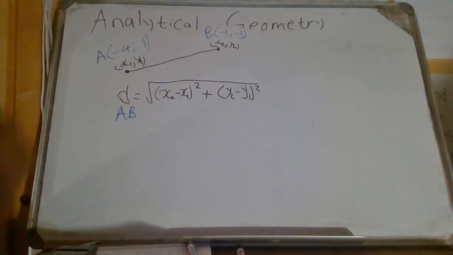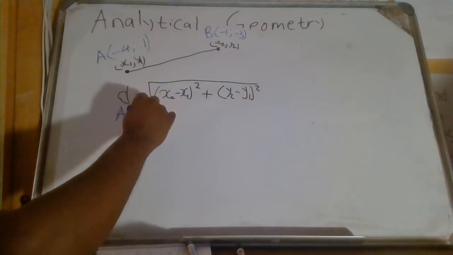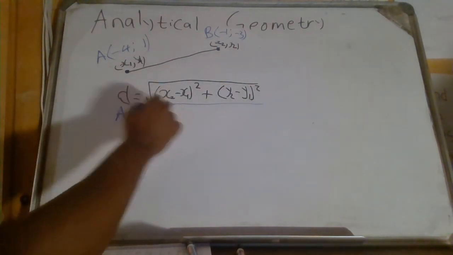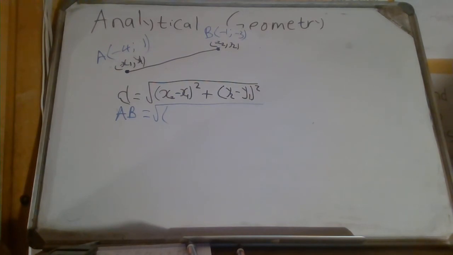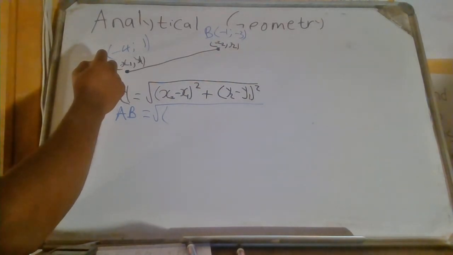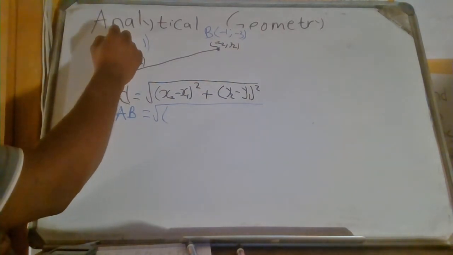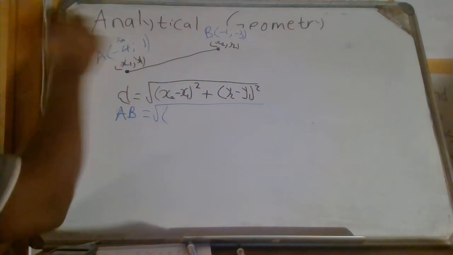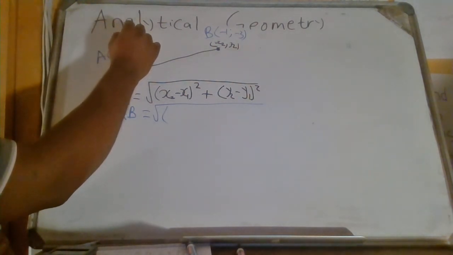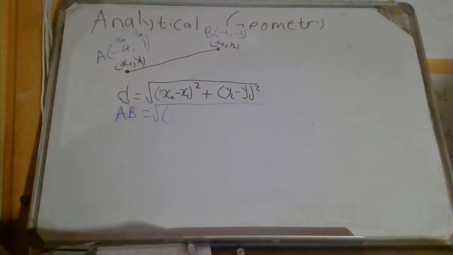Alright? And then say equal to, and then we open brackets, and then x2 is what in this case? So if you say this is A, now that means that this is x of point A, and then this is y of point A. Can you see that? Very important.